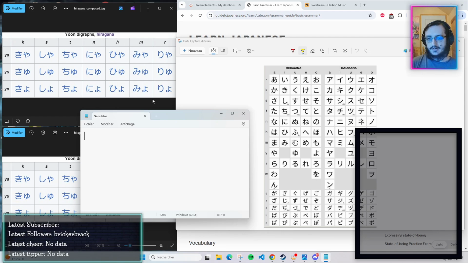The M line is regular. It is ma, mi, mu, me, mo. We take the mi, ya, and the merged version will be mya.